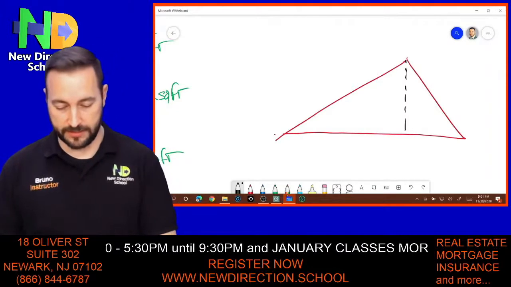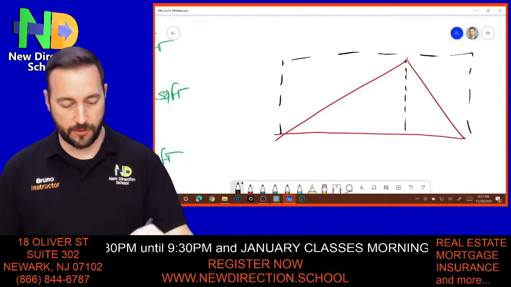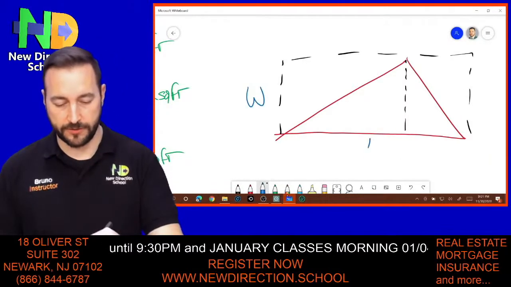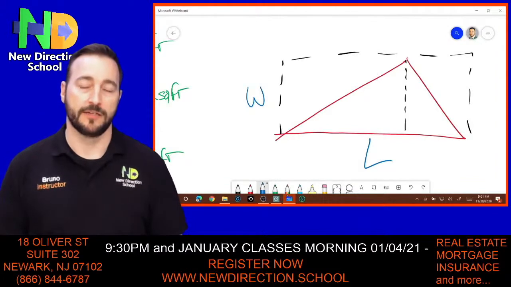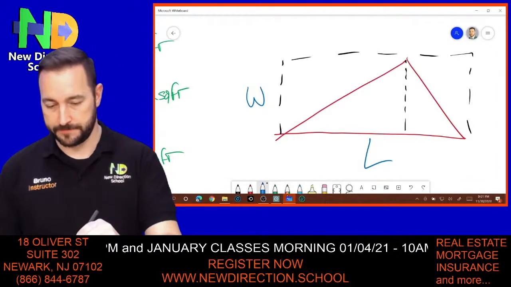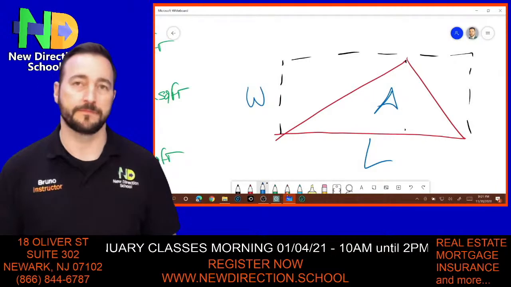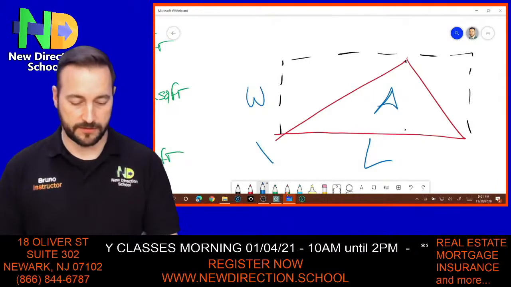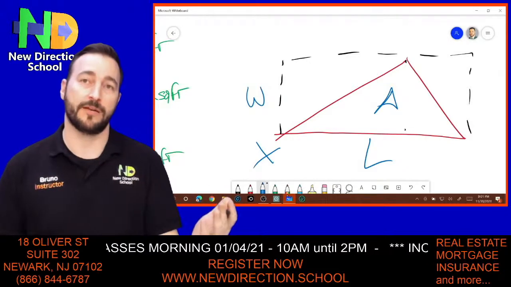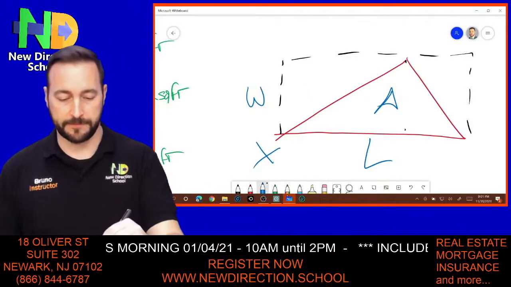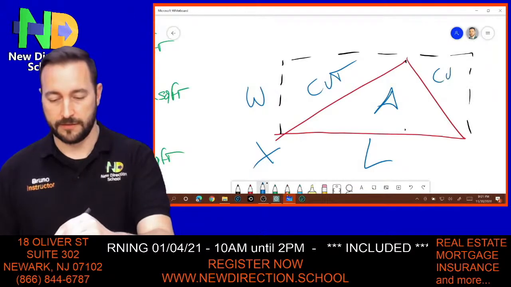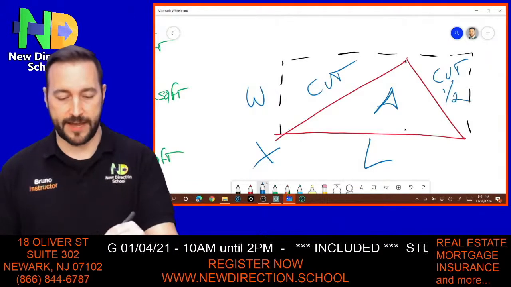So in this way, you always have the width, you always have the length, right? So to figure out the area, it's width times length. Then divide by 2, because we're cutting. Cut is half.